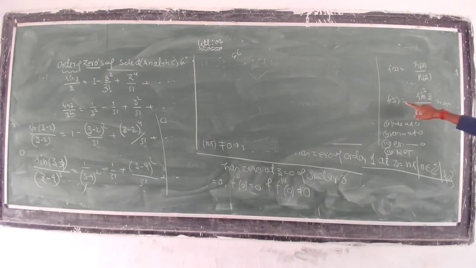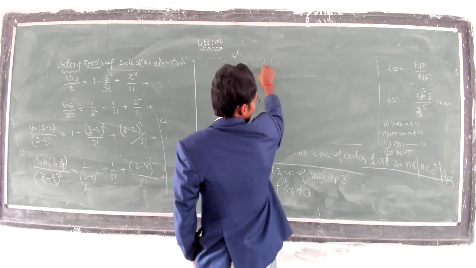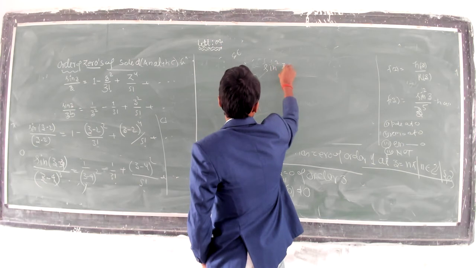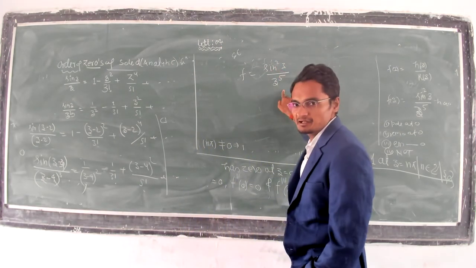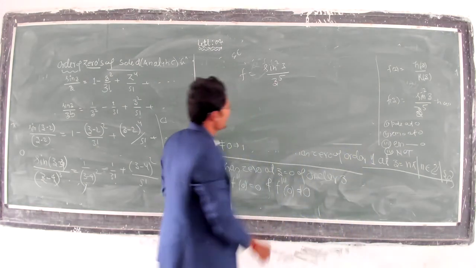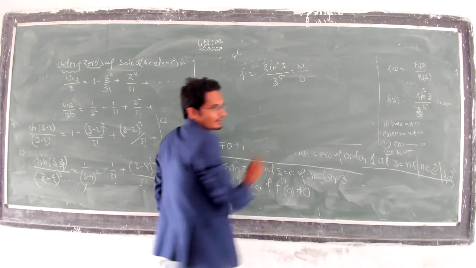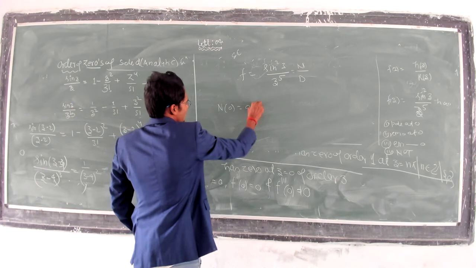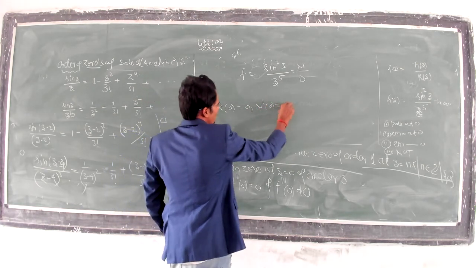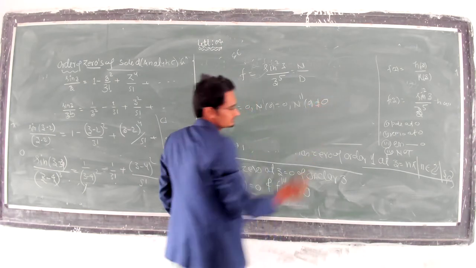Wait. Let me solve this problem and then go. So we have a function f = sin²z / z⁵. This is the numerator, this is the denominator. Remember, N(0) is 0, N'(0) is 0, but N''(0) is non-zero.